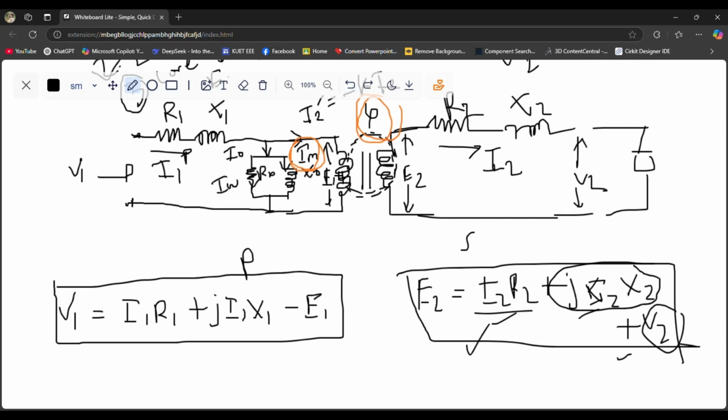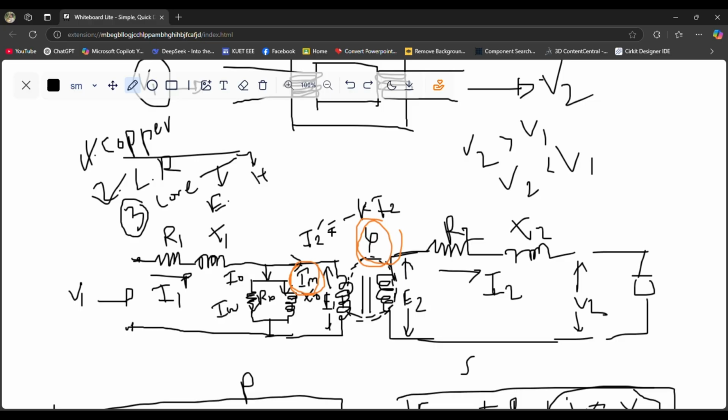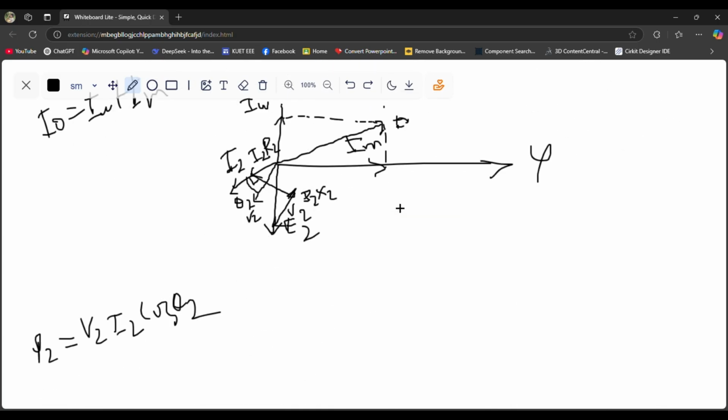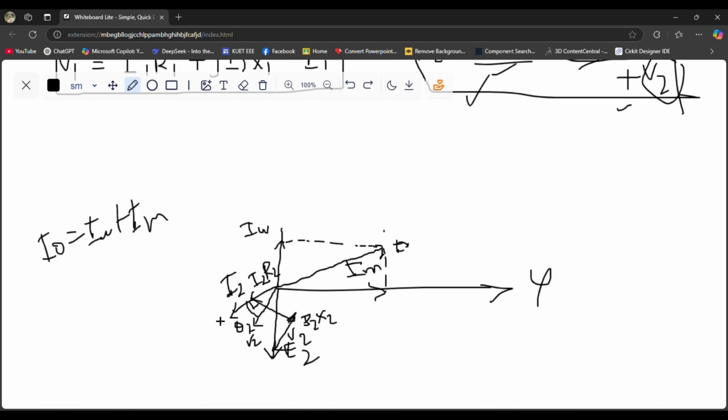Then what we have? We have this I2 prime component, and what we can see in this circuit, I2 prime is the negative of I2. So if I just flip this I2 by 180 degree angle, then I can get the I2 prime.